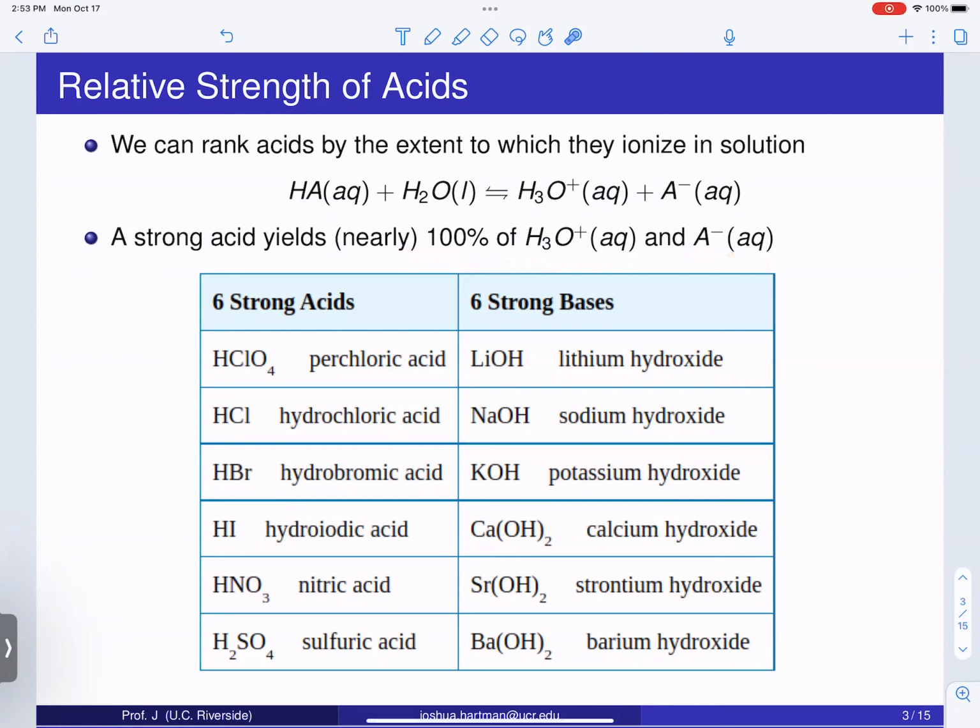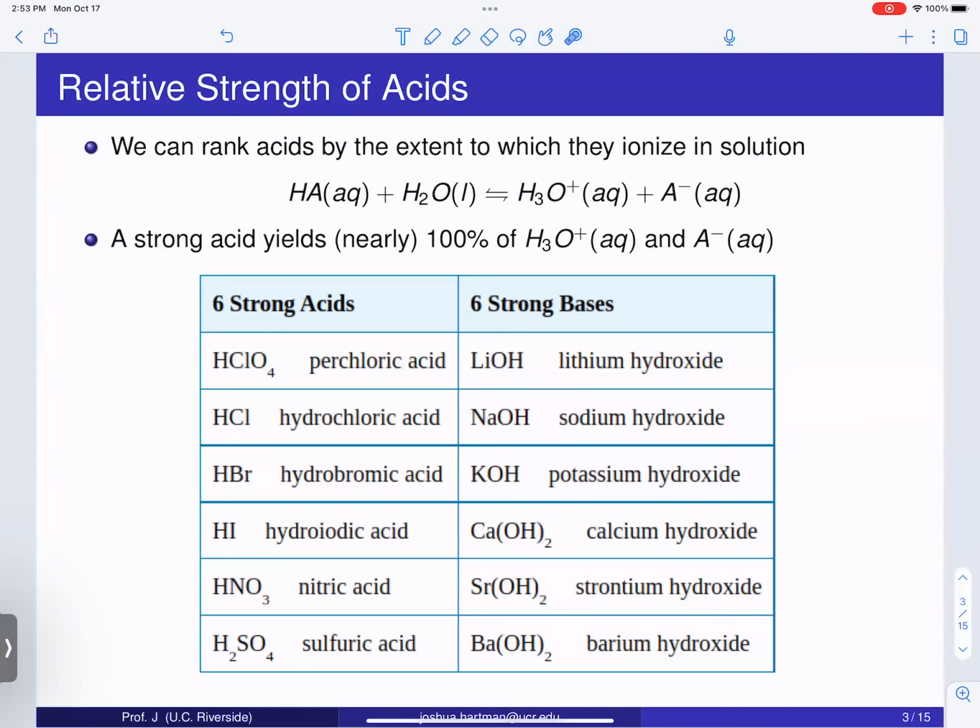So the examples here: perchloric acid, hydrochloric acid, hydrobromic acid, the whole list goes down. You place these into water and you're essentially completely dissociating, for all practical purposes, the H plus, or the OH minus in the case of the strong bases.